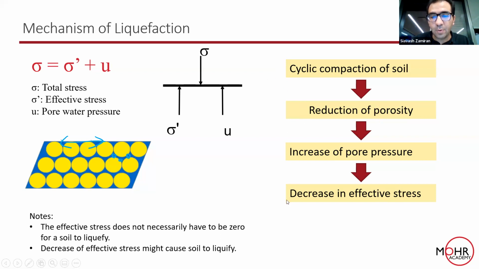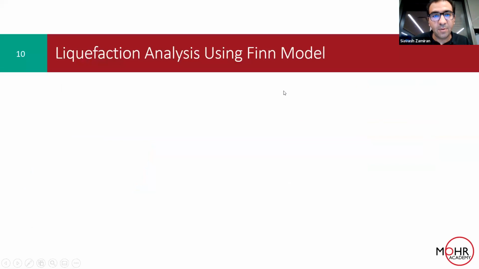That is actually what we wanted to discuss here, so we know what would be the procedure for the formulation development. Once we have a quick introduction to the liquefaction phenomenon and how the change of the cyclic shear stress results in the change of the porosity, and then that results eventually in the increase of pore water pressure and the decrease of effective stress, now we are going to discuss the liquefaction modeling in FLAC.